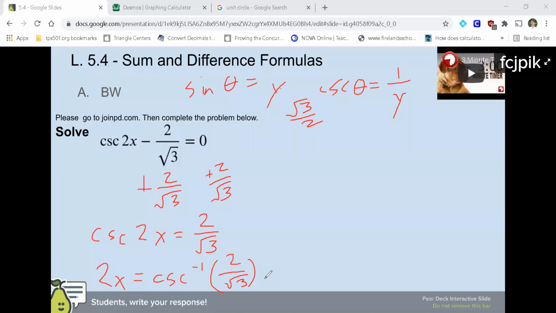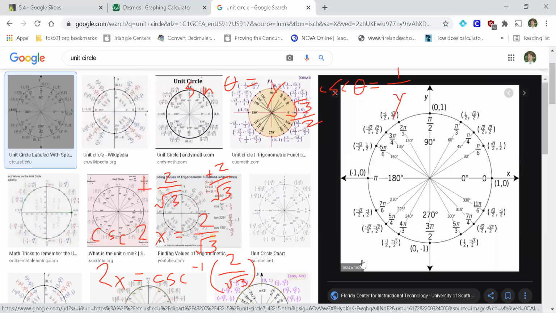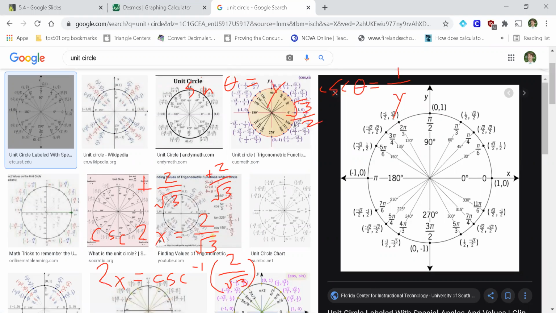And so I'm looking for where on my unit circle do we have a y value of square root of 3 over 2? Right there. And right there.